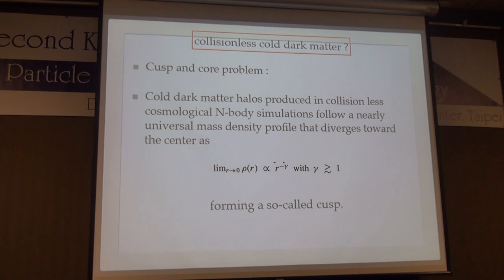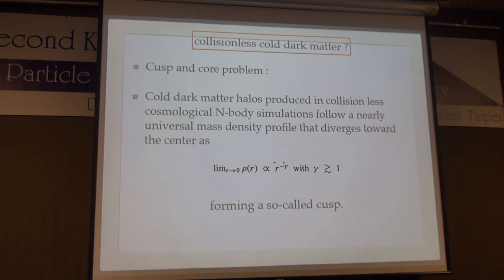And why dark matter self-interactions? First, there's an ambiguity or inconsistency between the observations and numerical simulations. People can simulate dark matter galaxy formation on computers. They call this the N-body simulation, and they make the assumption that dark matter does not interact with each other, and they find the so-called cusp and core problem.